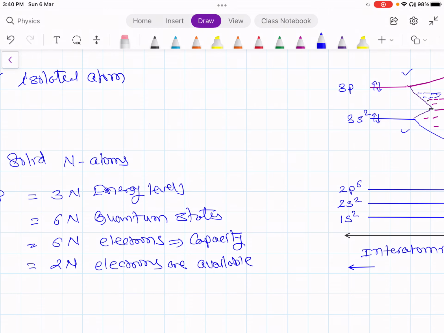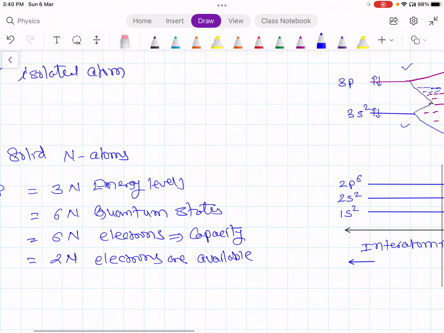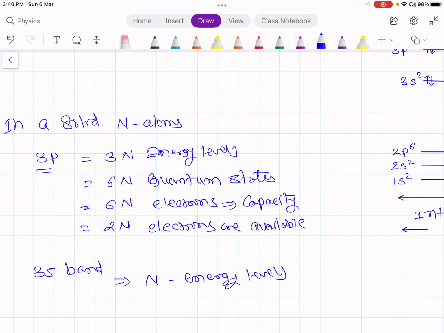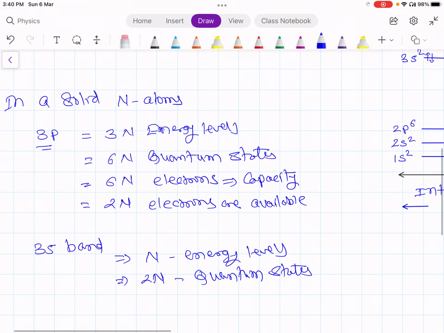After 3p, 3s starts splitting. And when it splits, the 3s band will be having n energy levels, 2n quantum states, and its capacity to accommodate electrons is 2n electrons.